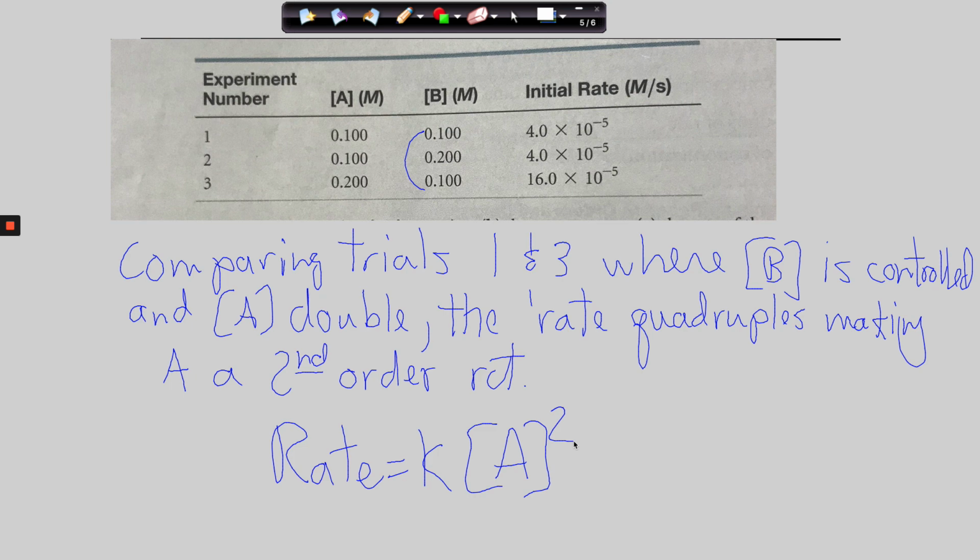But what is any number raised to the zero power? One, and it goes away. So rate equals k[A]^2 is the rate law for the reaction.